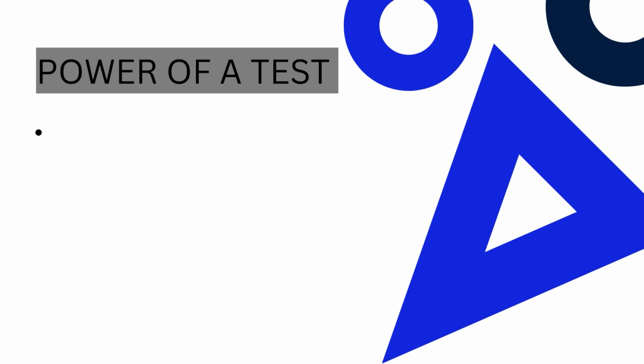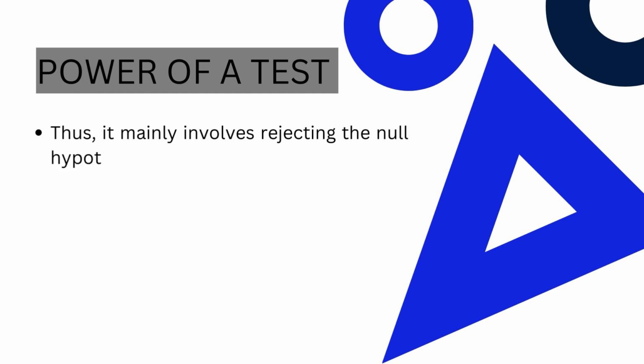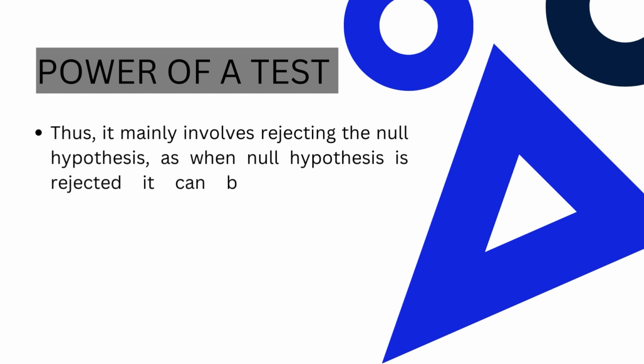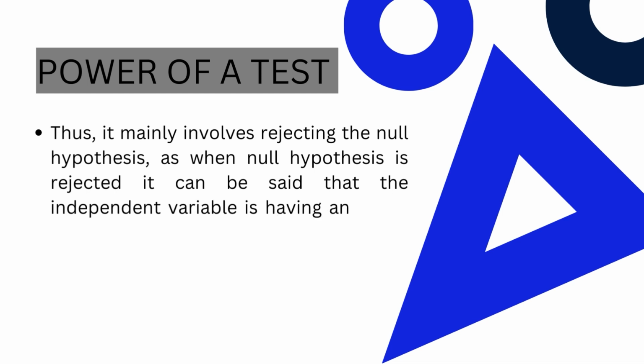Because we take different variables in any research. Sometimes we have an independent variable and its effect on the dependent variable is observed. So, in that context, how hypothesis testing is taken up, power of a test is an important tool.